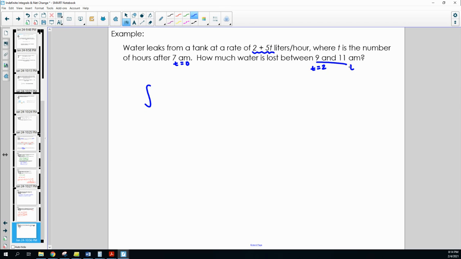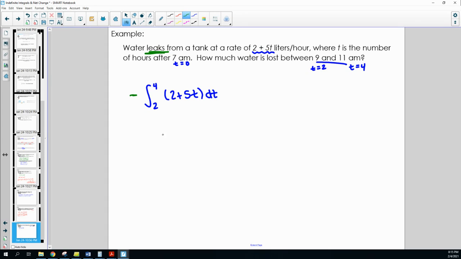And at 11, that's going to be T equals 4. So my integral is going to be between 2 and 4 of my rate, which is 2 plus 5T dt. But the key here is that water is leaking from the tank. So if it's leaking, I'm going to have a negative in front.